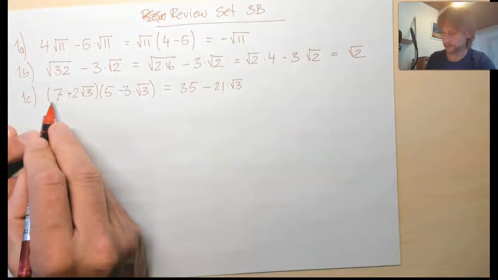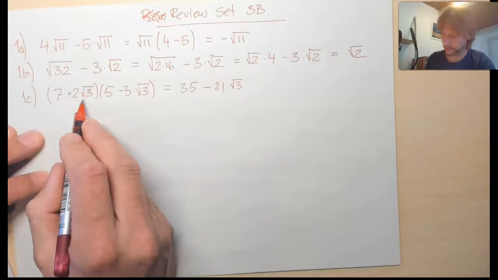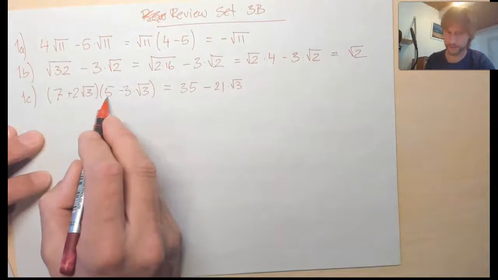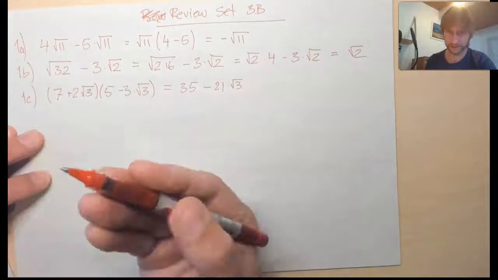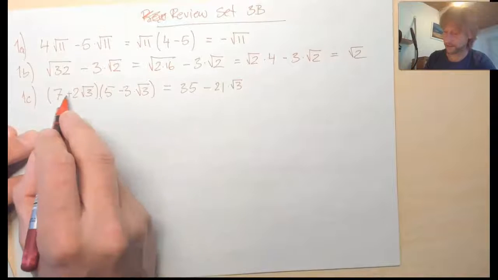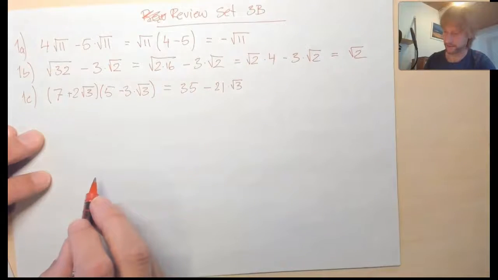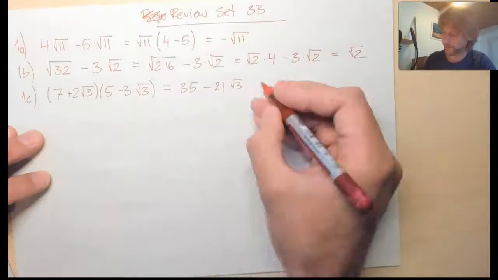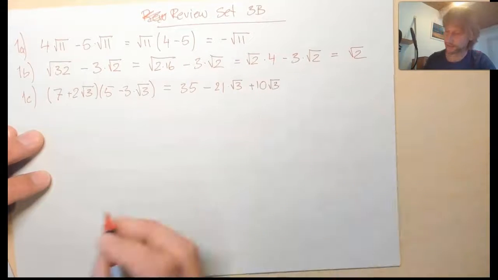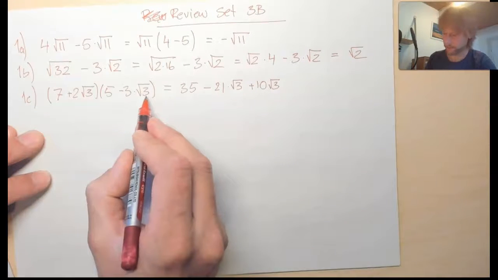That's it for 7. Then we move to this guy, getting multiplied with 5. That's 2 times the square root of 3 times 5. And I can do the factors in the order that I want. So 2 times 5. Also, this gets added because this guy is added and this guy is added. So 2 times 5 is 10 times the square root of 3. And finally, we get this one times this one.